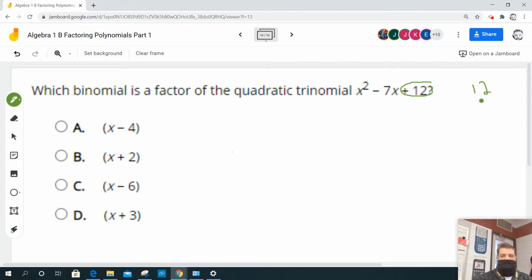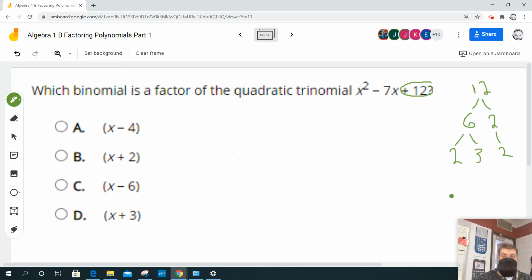12 has a prime factorization. In other words, there's so many ways that you could do this. You could say 6 times 2, and then 6 is basically 2 times 3 times 2.